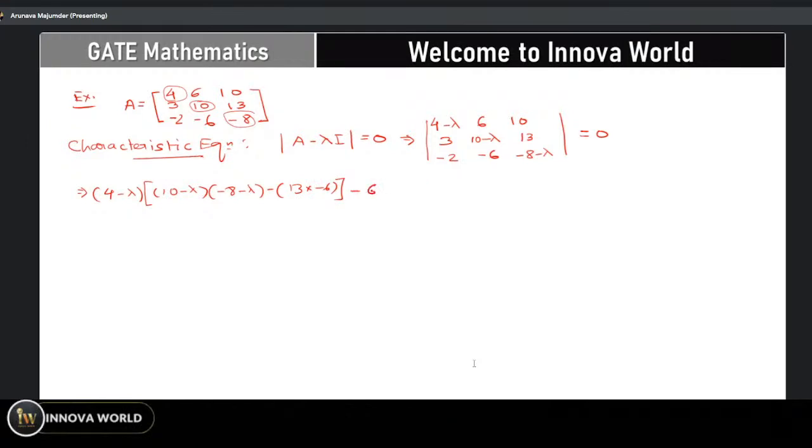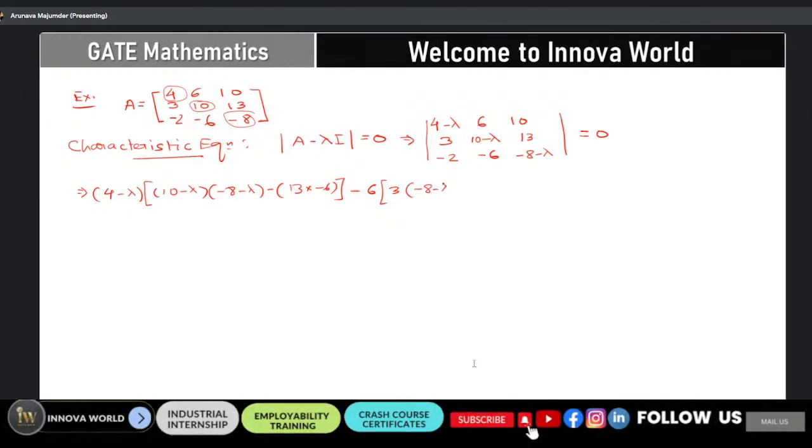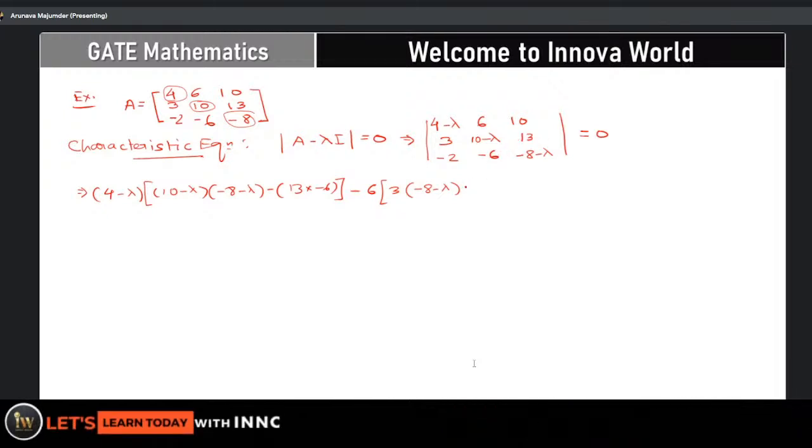Second one is minus 6 into 3 into, these two will be multiplied, and now it is minus minus, so becomes plus 26, 13 into 2.